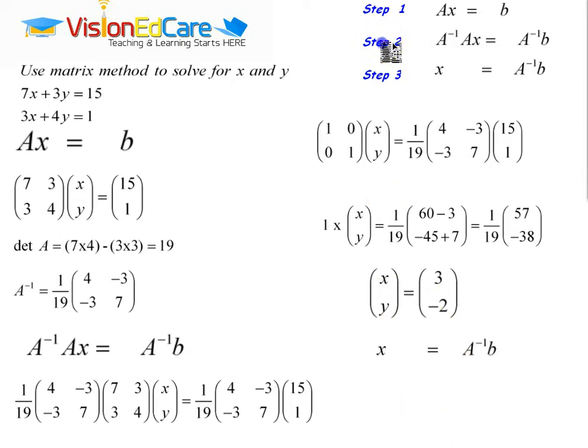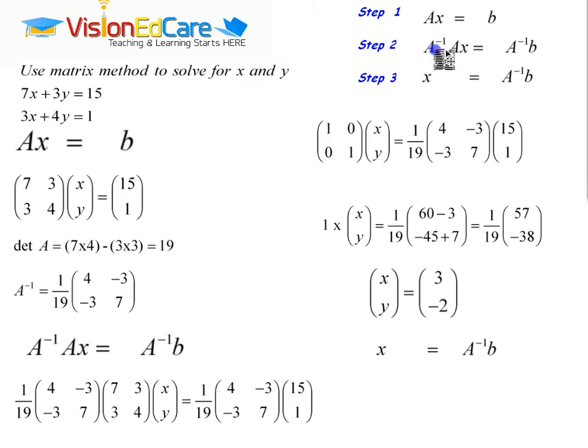Now, simultaneous equations are solved using the matrix method following these 3 basic steps. First step is to write the equation in the form AX equals B, where A here is the 2 by 2 matrix, and the X here represents the column vector x, y, and B represents 15, 1 here.